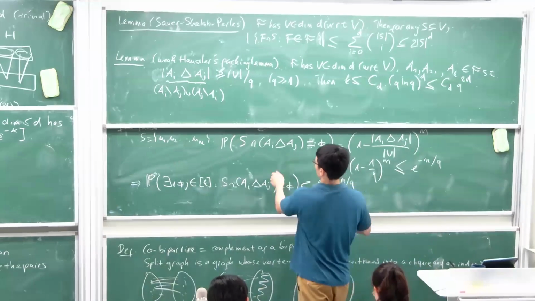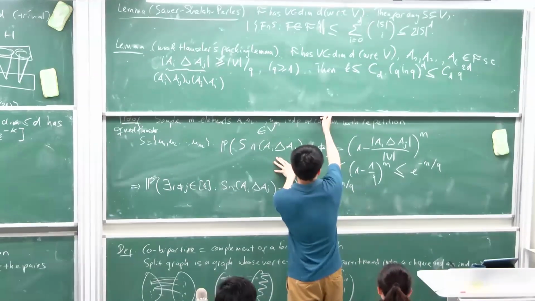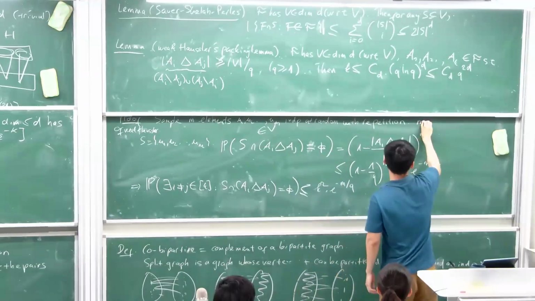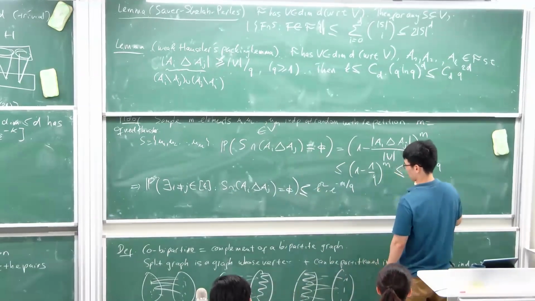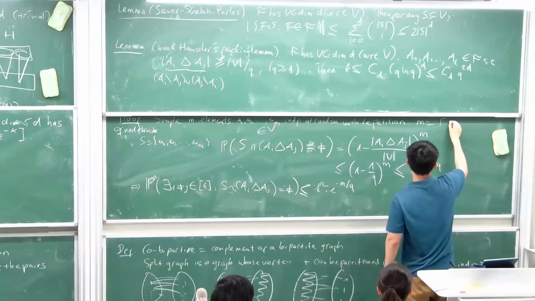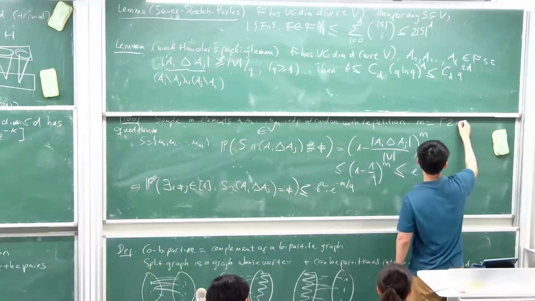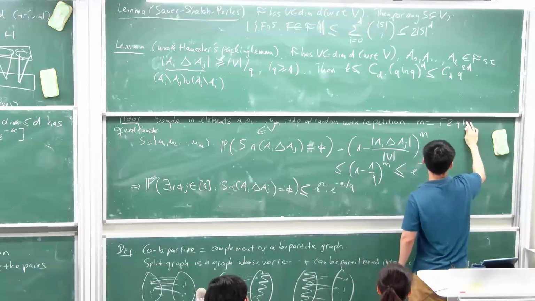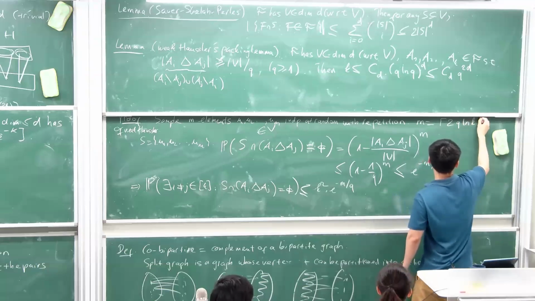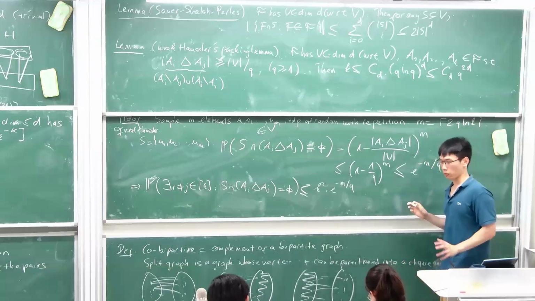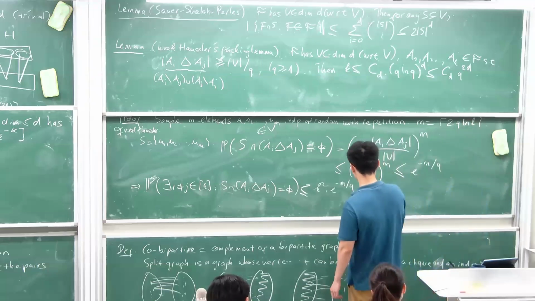So I choose m to be of order Q log k, and then this is going to be less than 1.